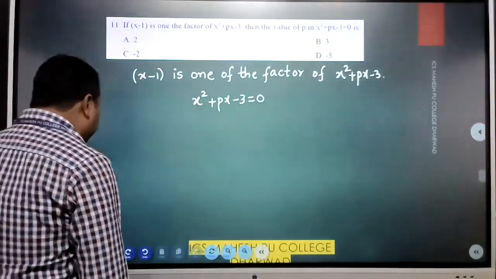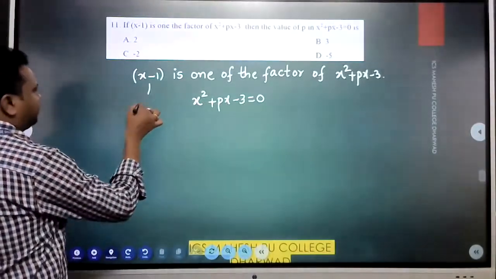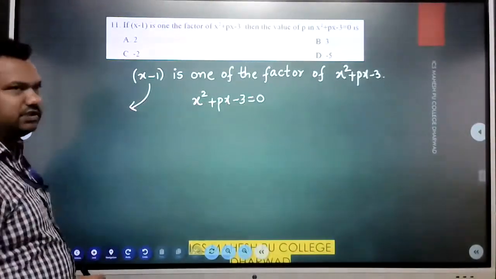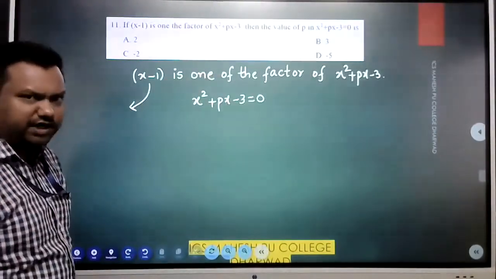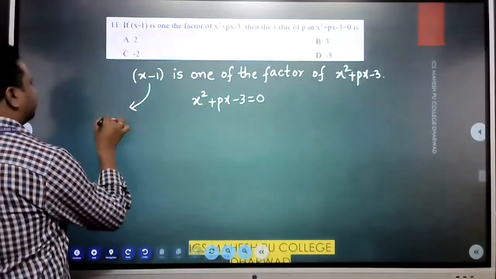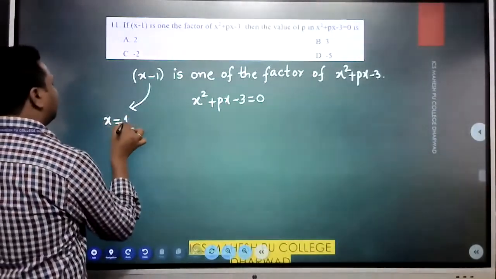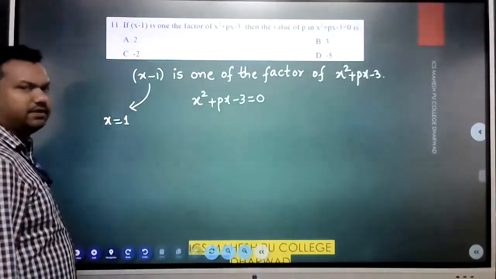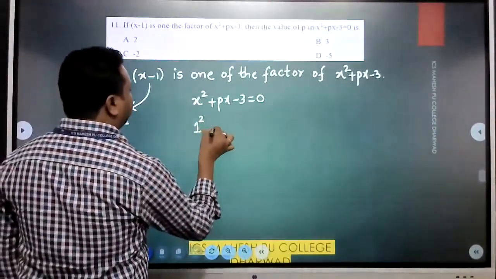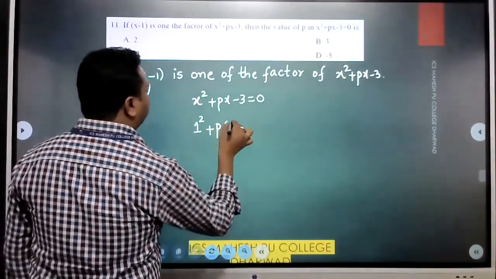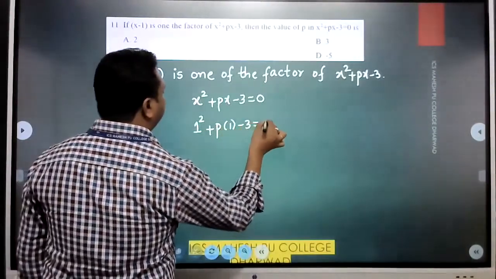So let us understand here, as x minus 1 is one of the factors of the given quadratic equation, I can substitute x is equal to 1 in this equation. So let me put x is equal to 1: 1 square plus p into 1 minus 3 is equal to 0.